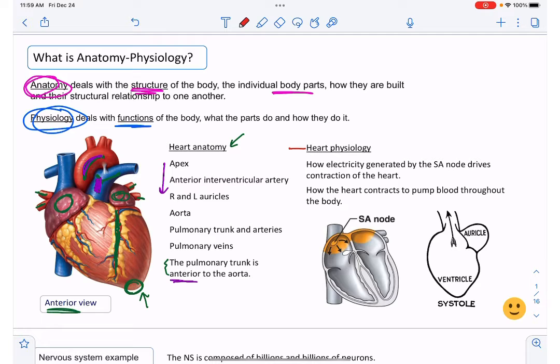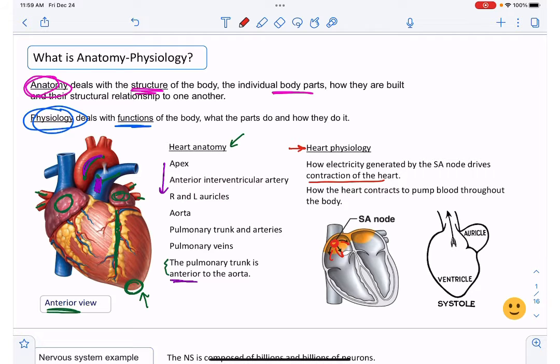Then when we talk about physiology, we're talking about what the heart does and how it does it. For instance, how electricity is generated by this structure called the SA node, how that electricity spreads throughout the heart, and how that drives contraction of the heart. That's an example of physiology.